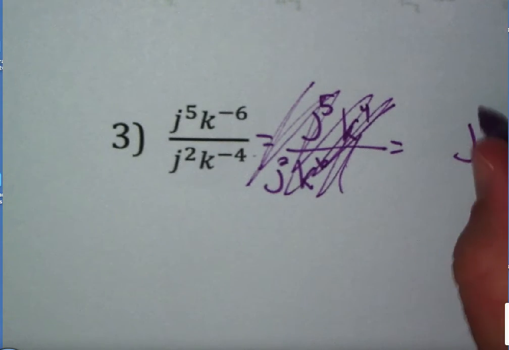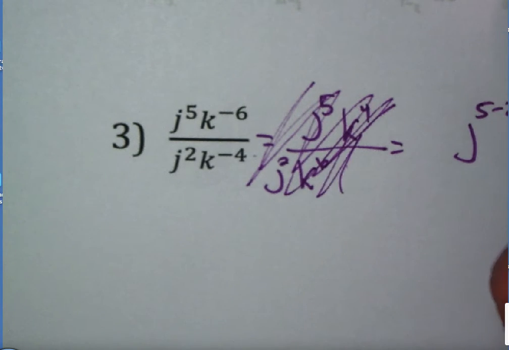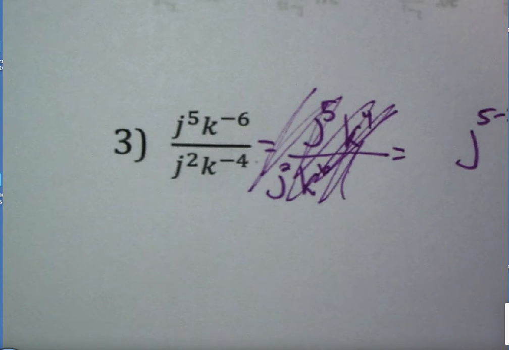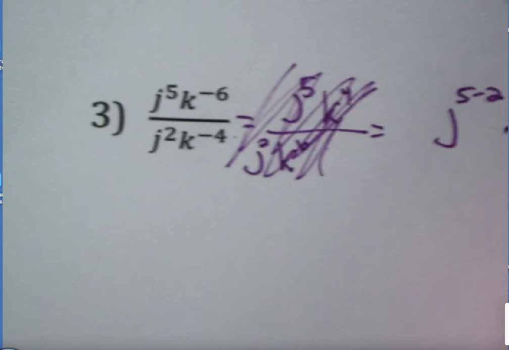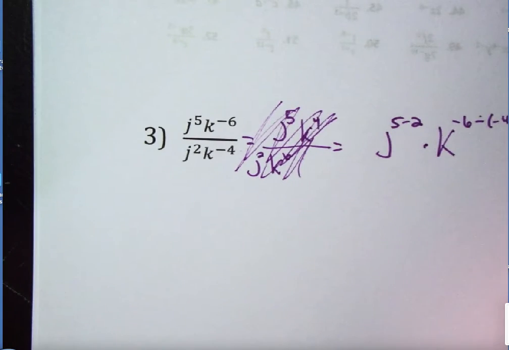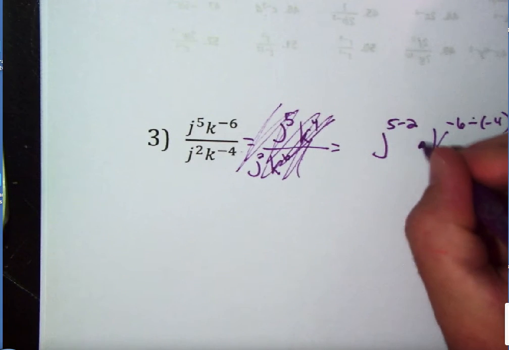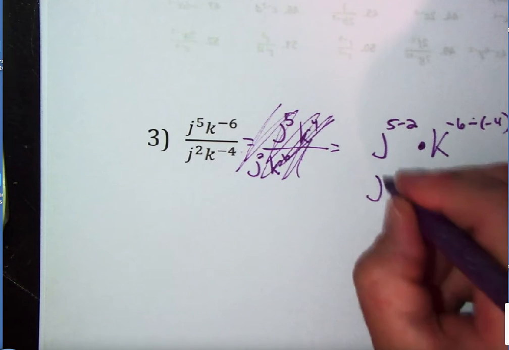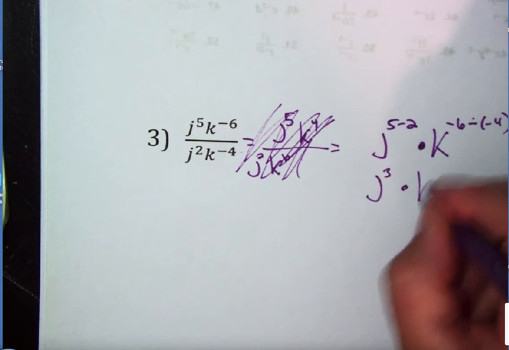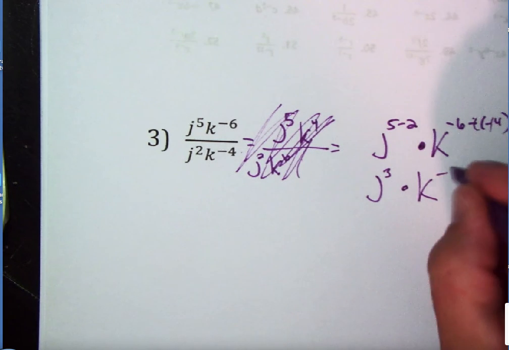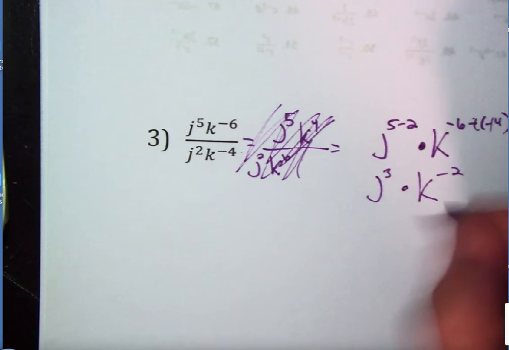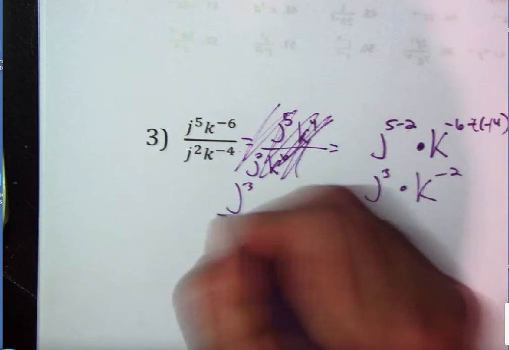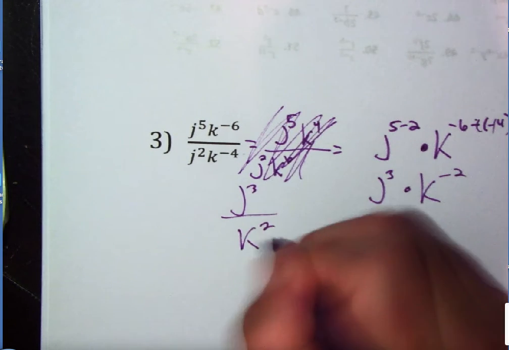We have j to the 5 minus 2 times k to the negative 6 minus negative 4. Zoom that out for a second. Right. When you divide by the same base, you subtract the exponents. We get j to the 3rd times k to the negative 2, which becomes j to the 3rd over k to the 2nd.